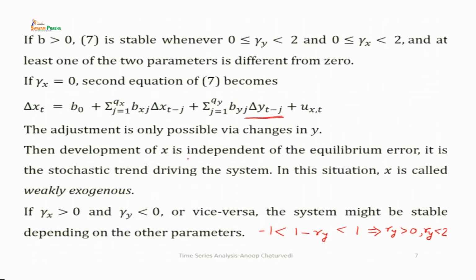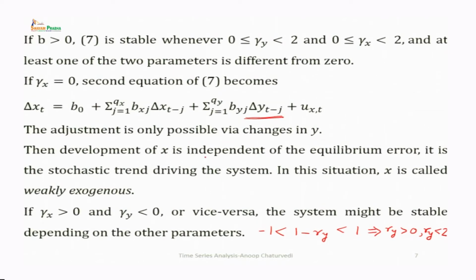Then development of x is independent of the equilibrium error. It is the stochastic trend driving the system. In this situation, x is called weakly exogenous, means x is just governed by the changes in y.